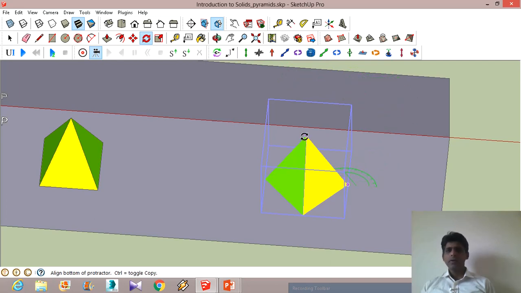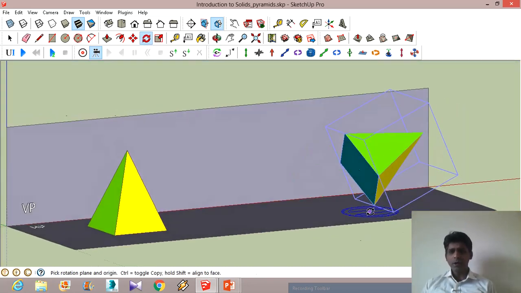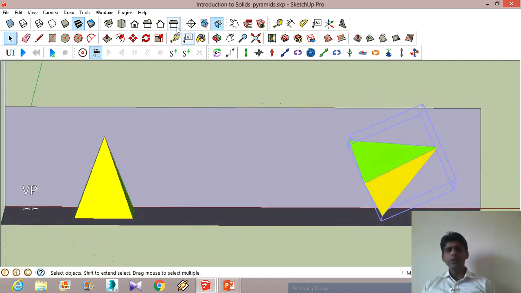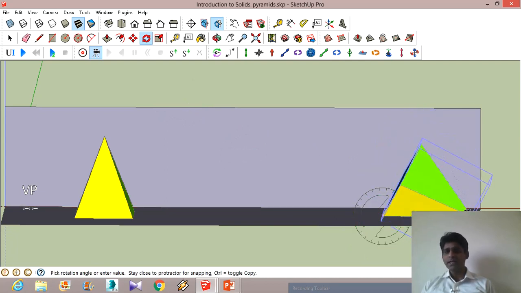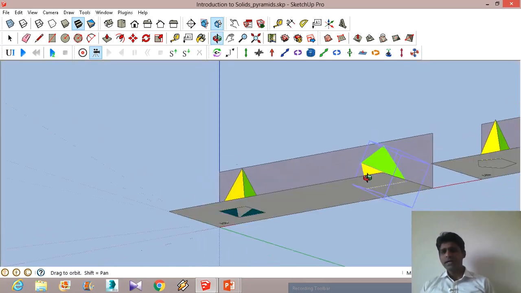So if I make it inclined like this, sorry, we have to select the solid, and if I now make it inclined, it is visible in the front view. Let me show you the front view. So it is inclined like this. It will be resting on a corner like this. Further, if I continue to make it inclined, it is going to rest on one of the slant edges like this.